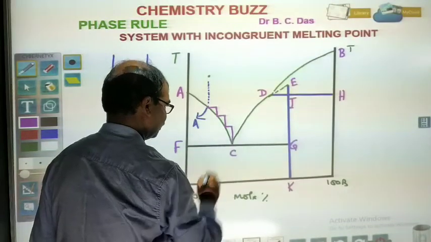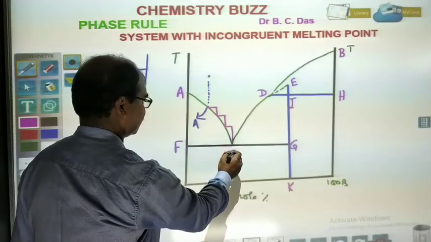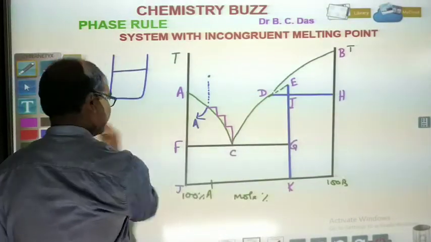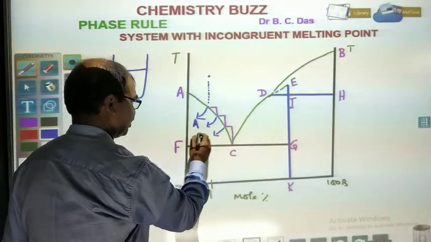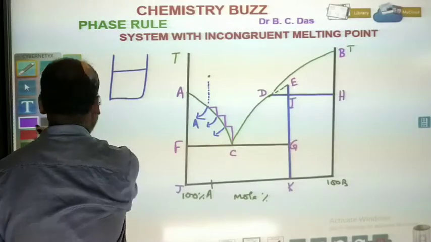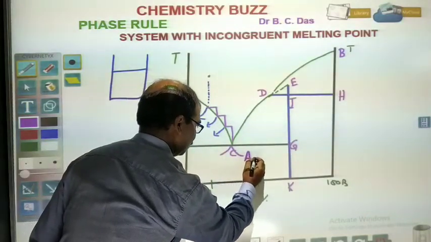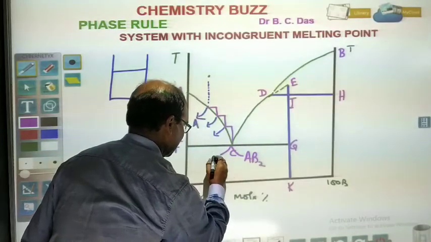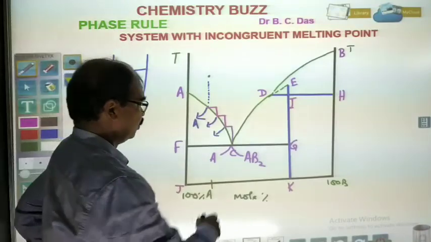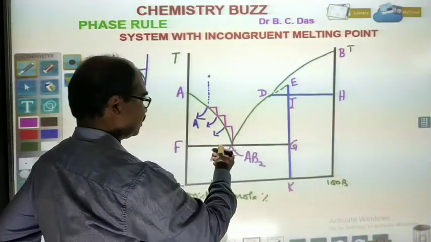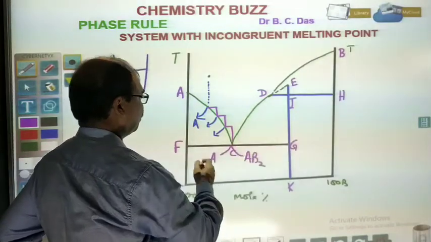So here is the eutectic point. Here you have the separation of A, and here is the separation of A. But at this point C, you get AB2, a new compound, in addition to A. AB2 is the new compound.